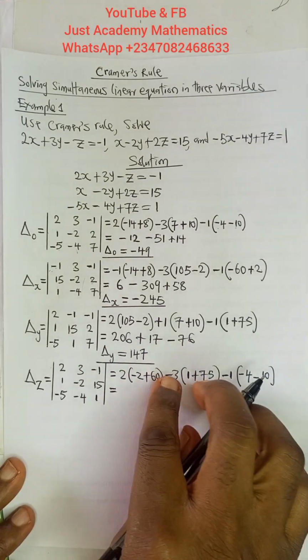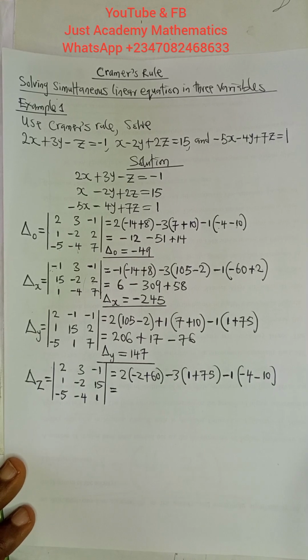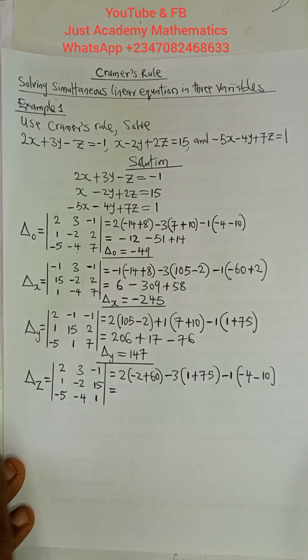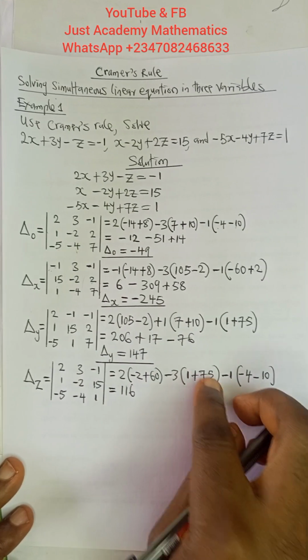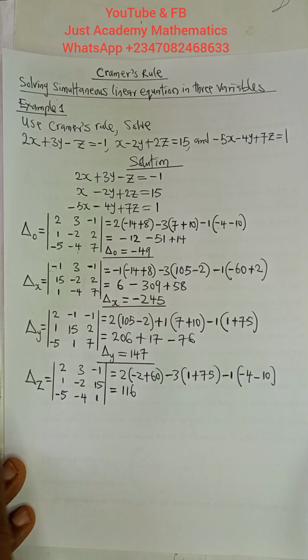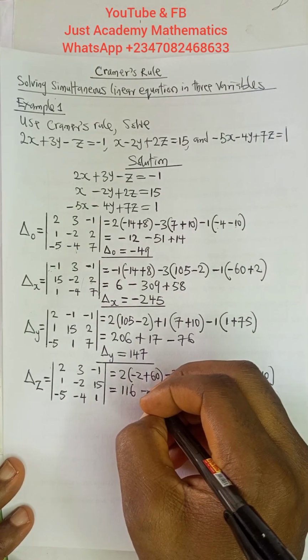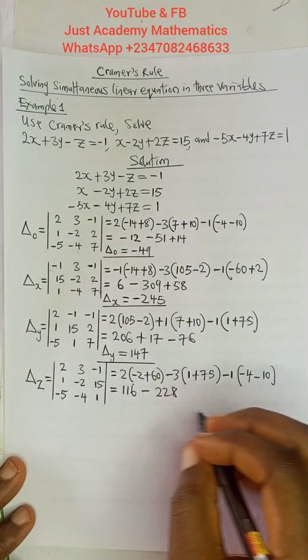So what do we have here? We have that this is 58. Is it not 58? Minus 2 plus 60 is 58. 58 times 2 will give us 116. Then we have 76 times 3, which will give us minus 228. That is 76 times minus 3, minus 228.